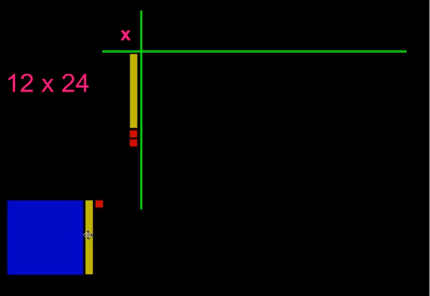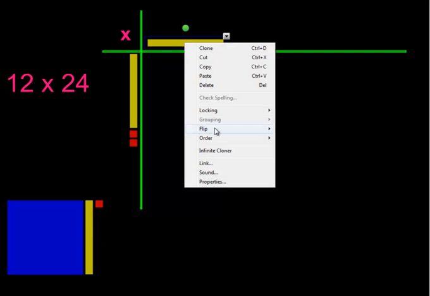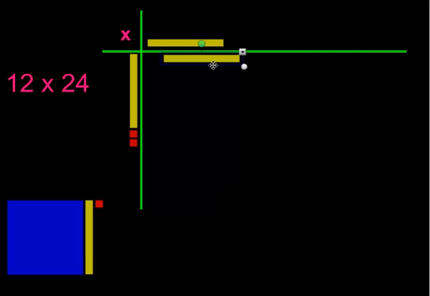So we have 12 along this side, and I'm going to throw 24 up on the top, and I got to rotate these. So this is your base 10 block, the 10 rod, and this is how it's going to look. Oh, you know what? I'm too lazy. I'm just going to duplicate this. Clone it.